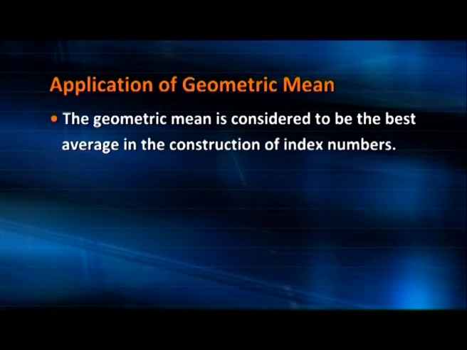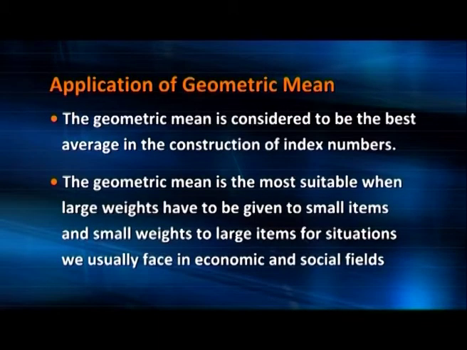The geometric mean is considered to be the best average in the construction of index numbers. The geometric mean is the most suitable when large weights have to be given to small items and small weights to large items, for situations we usually face in economic and social fields.